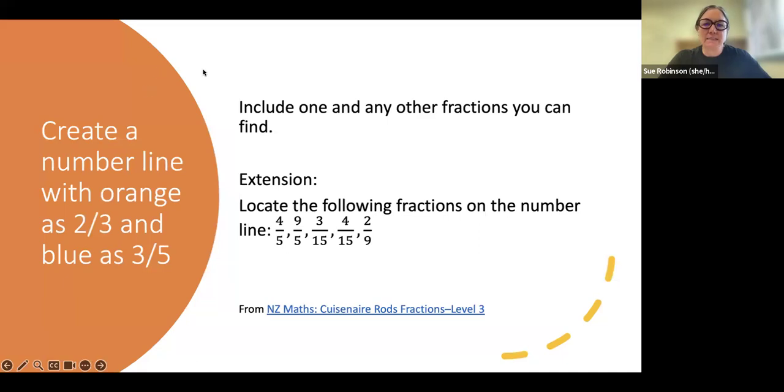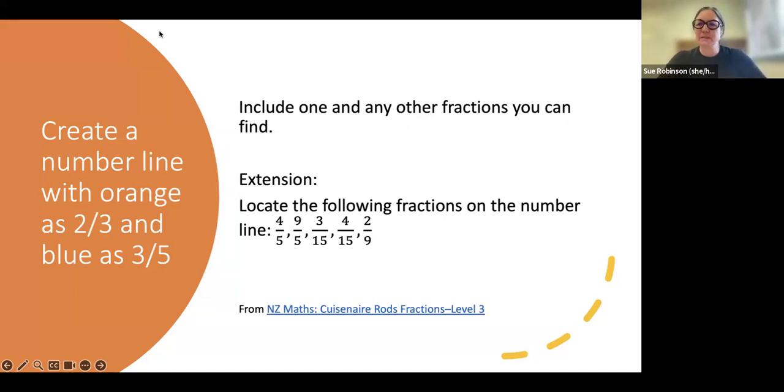So this was a task. I found this task in the New Zealand math curriculum, which I would strongly recommend that you have a look at. The pages that I've read through recently have some really great tasks. I have done a lot of research on Cuisenaire rods over the past month or two, and this was one of the tasks.